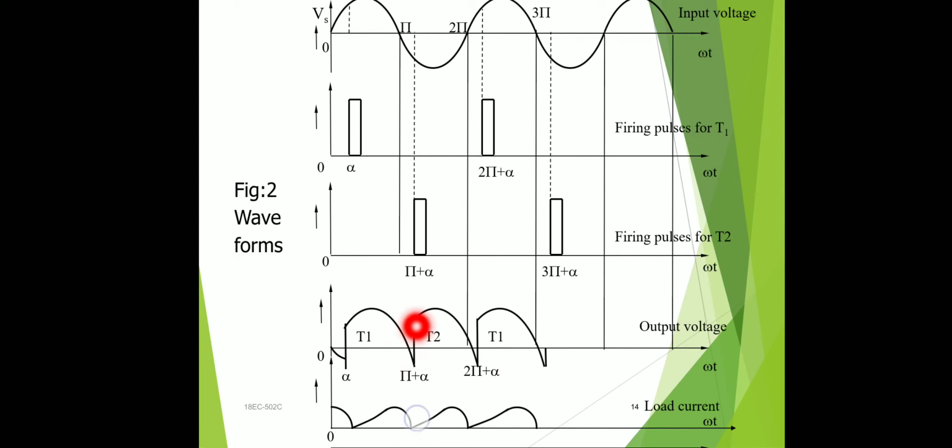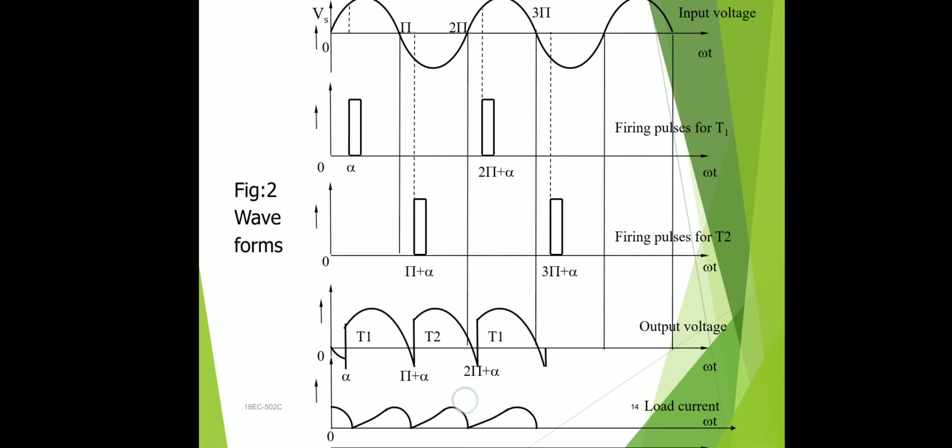After that, thyristor T2 is conducting, and up to 2 pi V0 is positive. From 2 pi to 2 pi plus alpha, V0 is negative. This is due to the energy stored in the inductor.